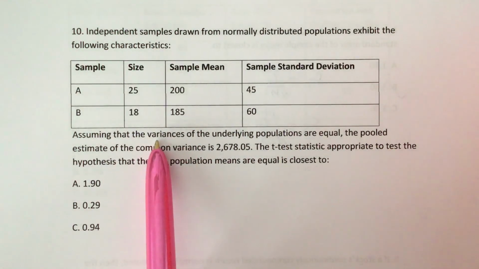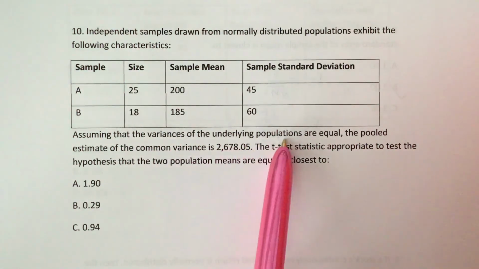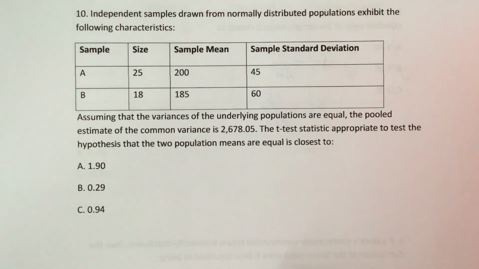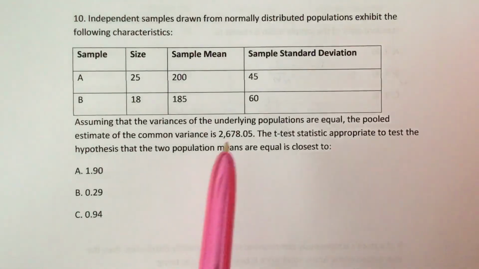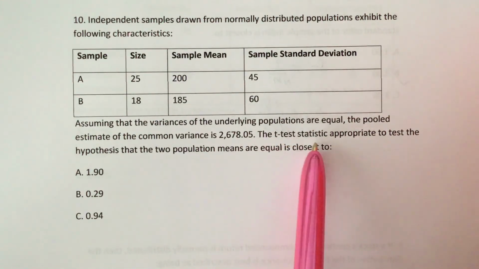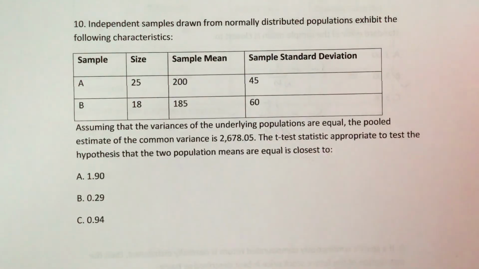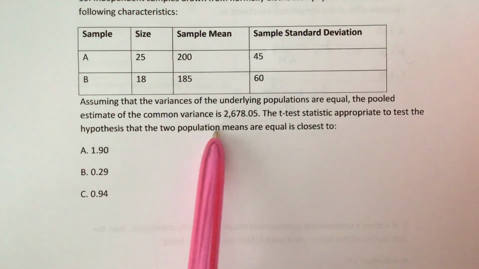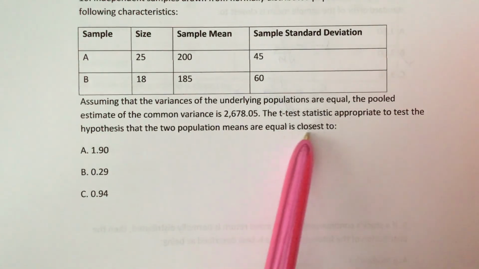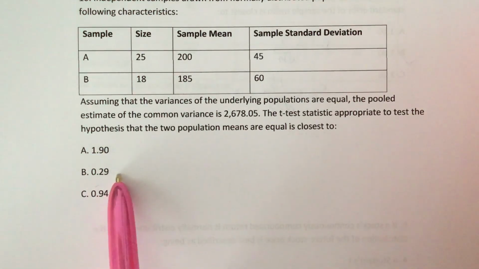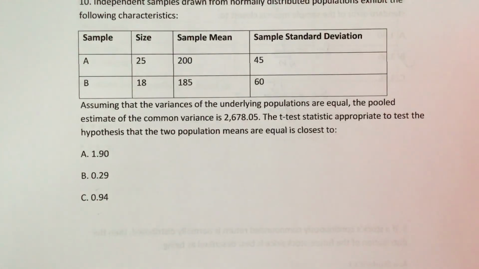Assuming that the variances of the underlying populations are equal, the pooled estimate of the common variance is 2678.05. The t-test statistic appropriate to test the hypothesis that the two population means are equal is closest to 1.9, 2.9, 4.9.